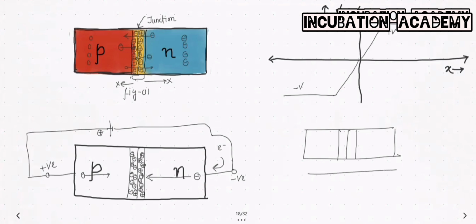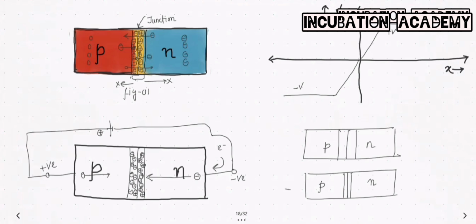After connecting the P side to the positive terminal of the battery and the N side to the negative terminal, its width has decreased because some of the negative charges on the N side and some of the positive charges on the P side are getting neutralized. So the barrier potential becomes less.